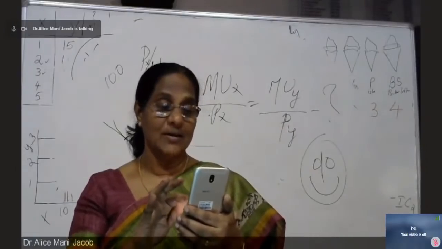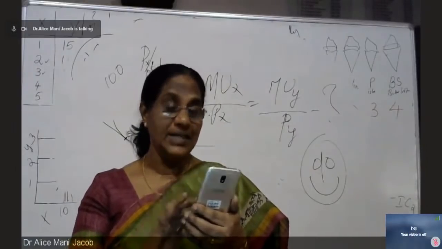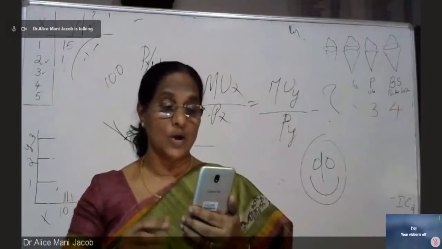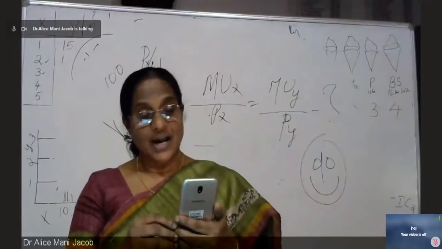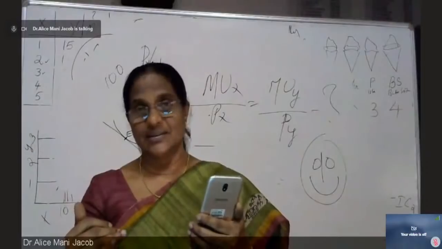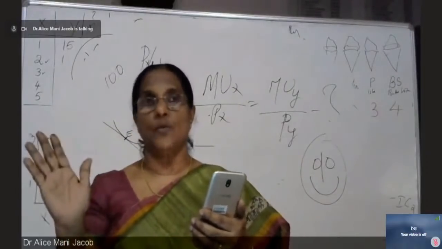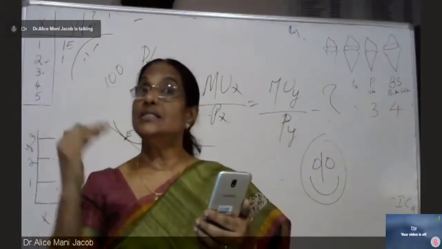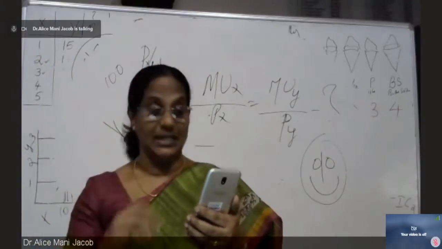I am sorry. Then what is the difference between opportunity cost and marginal opportunity cost? Right, opportunity cost is whatever you sacrifice. Now you can go home and sleep, isn't it? And that sleep is the opportunity cost of your sitting in class.